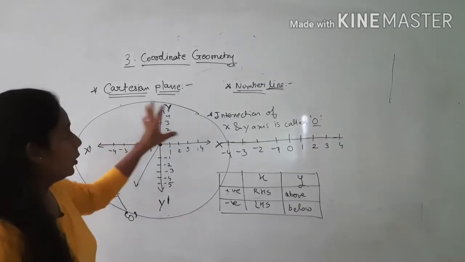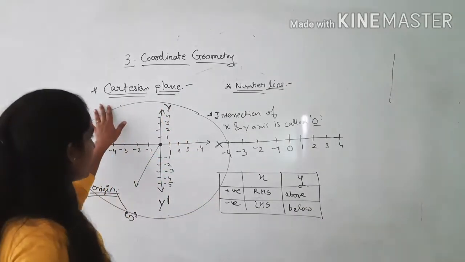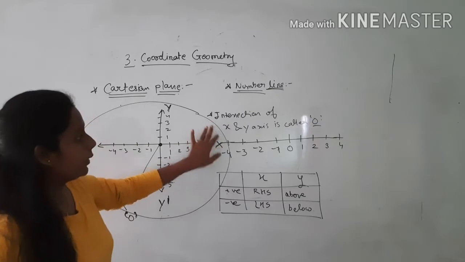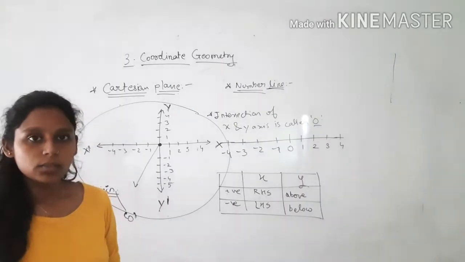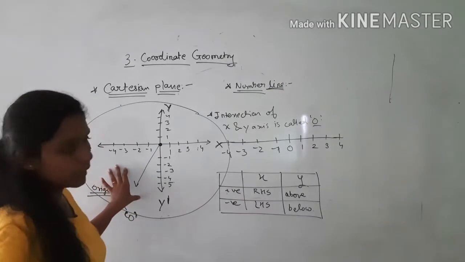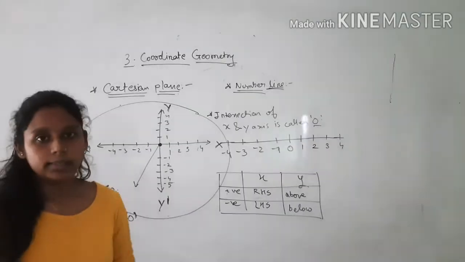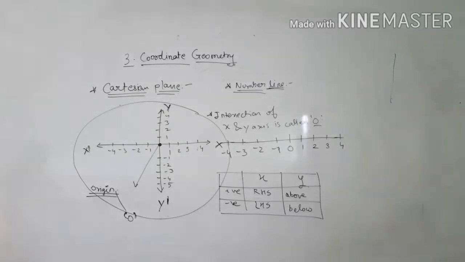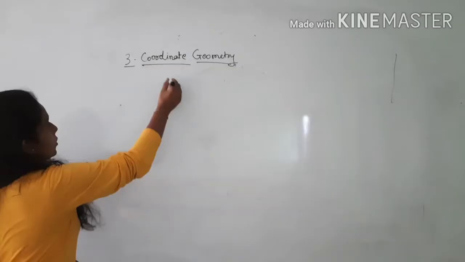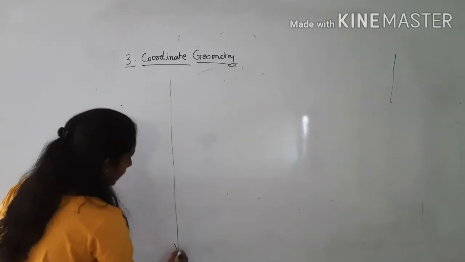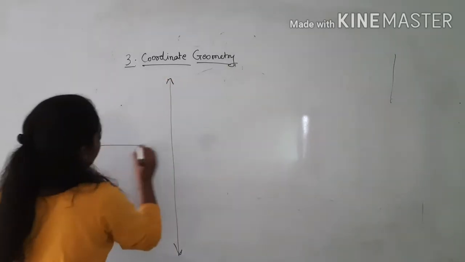So you would have understood the basic points, that is the Cartesian plane, intersection point, number line. According to it, we are going to plot some points which are given in your textbook as examples, and I would take some other examples for you. You draw x-axis and y-axis.